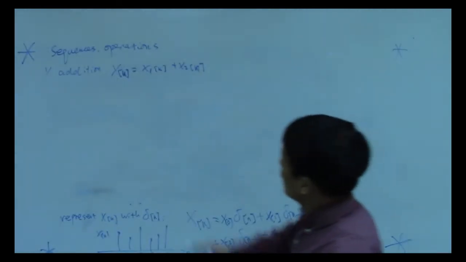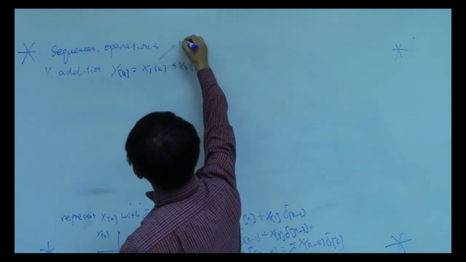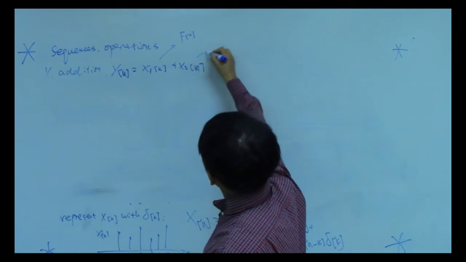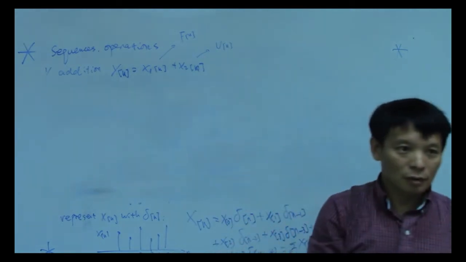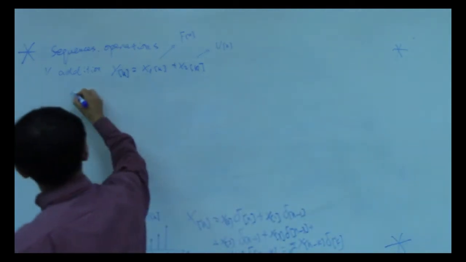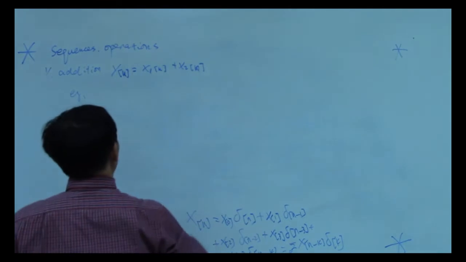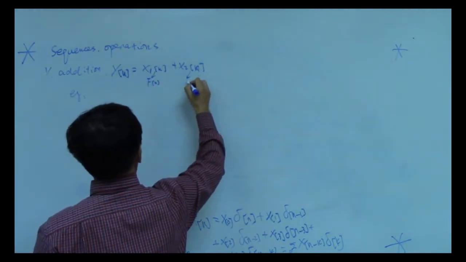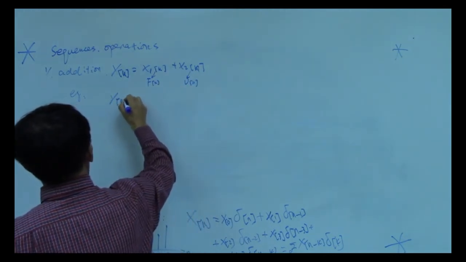Alright, let's have an example. Suppose this one here is just the Fibonacci sequence, right? And this one we use a unit step. We write like this. Fibonacci here. This one is a unit step. Then what is yn?